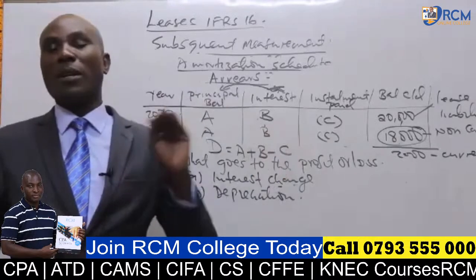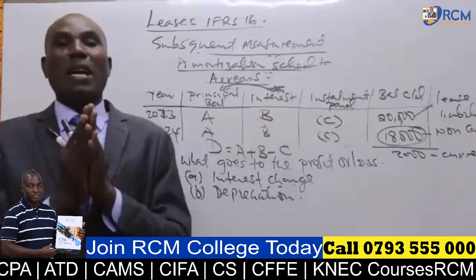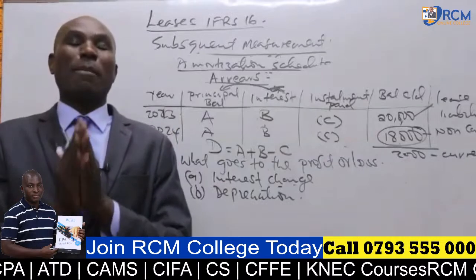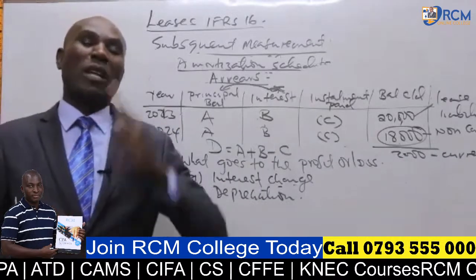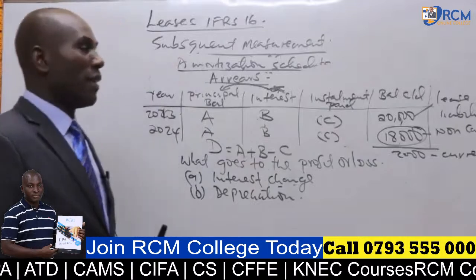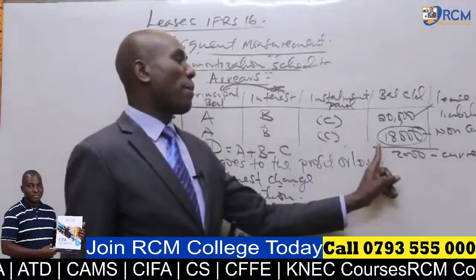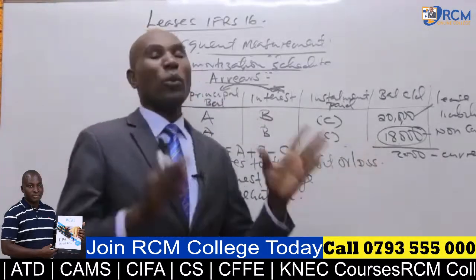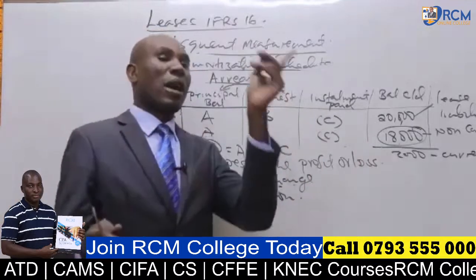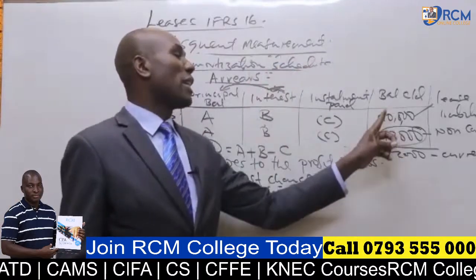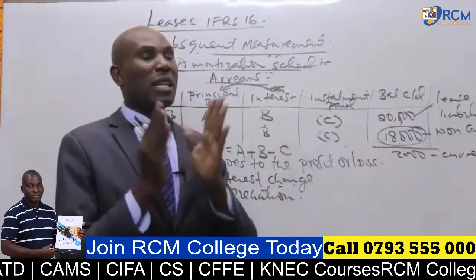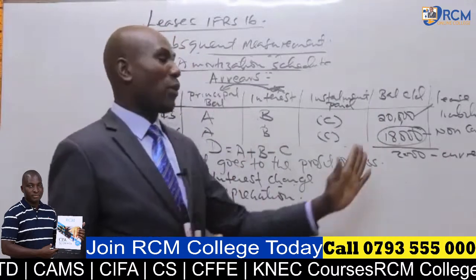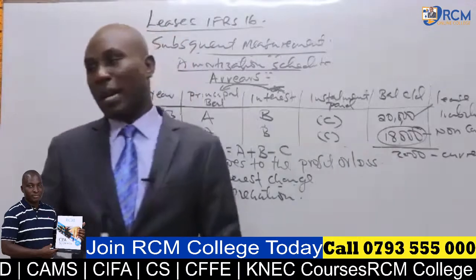The balance carried down for year two will be the non-current liability for year one, and the difference between year one and two becomes the current liability.